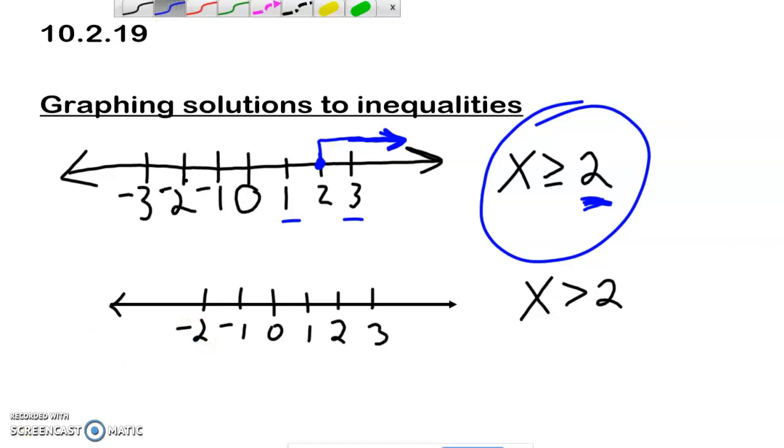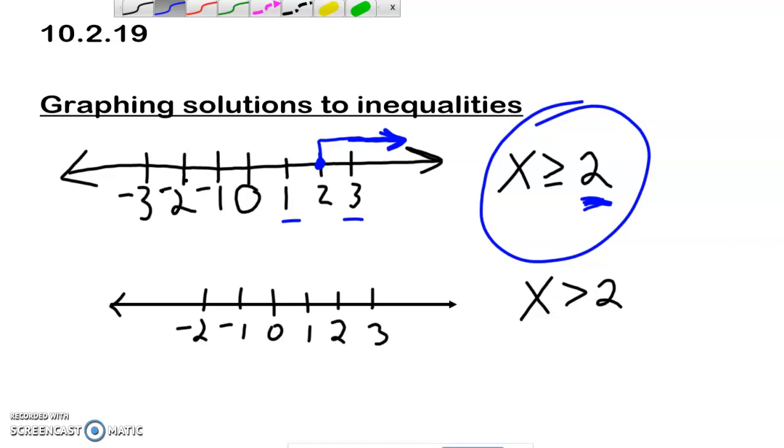Okay, so greater than 2, 2 is not part of our solution. So what's the next number right after 2? That's the next whole number. Between 2 and 3, what's the next highest number after 2? 2.5. What about 2.1? What about 2.01?